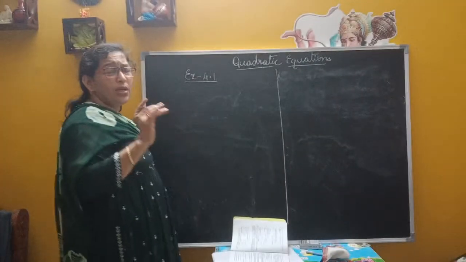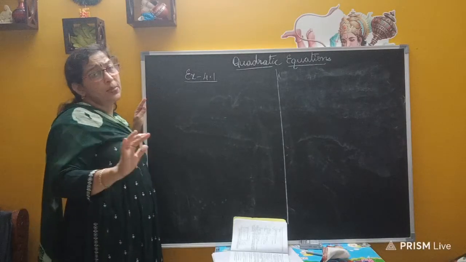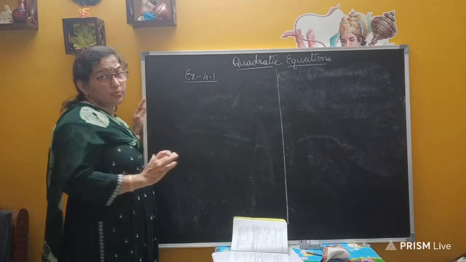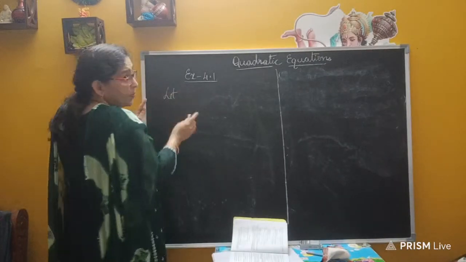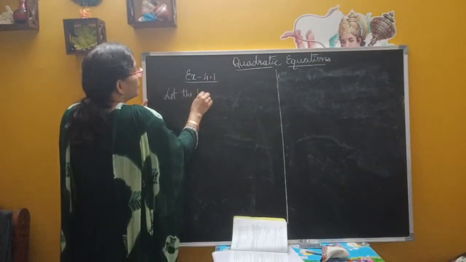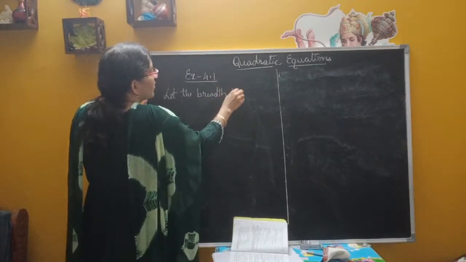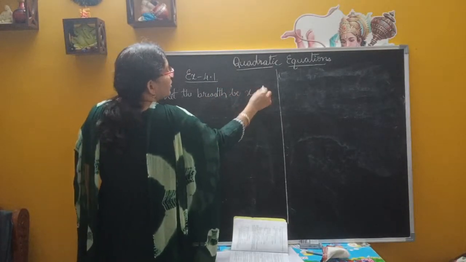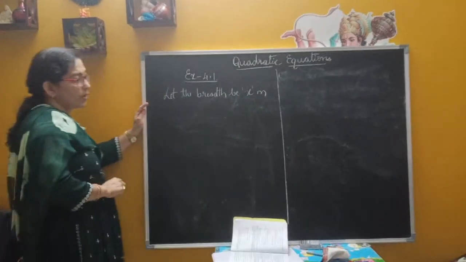Right now let me take x and y because they are very familiar from solving problems, so taking them makes it easy and you don't get confused. So let the breadth be x meter, because the smaller one is the breadth. Both are in meters, it is given x meter.